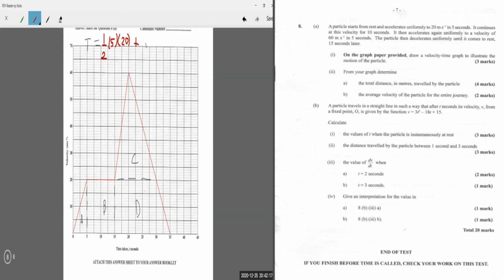So 10 times 20, which is 200, is the area for B, plus C is a triangle. From 15 seconds to 30 is 15, so the base is 15 and the height is 40. This is plus a half the base of 15 times the height of 40.